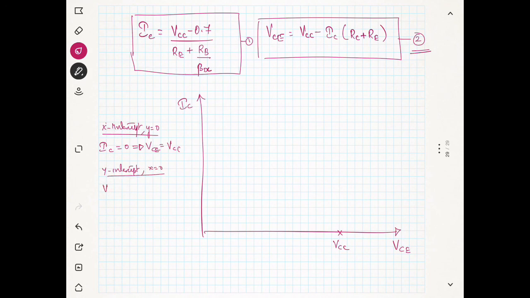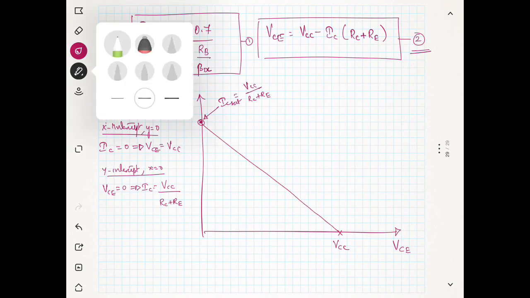That means VCE equal to 0, which implies IC equal to VCC over RC plus RE. So you will get the IC sat here, IC sat is equal to VCC over RC plus RE. Now you got 2 points. Now you can join this. This is the load line.